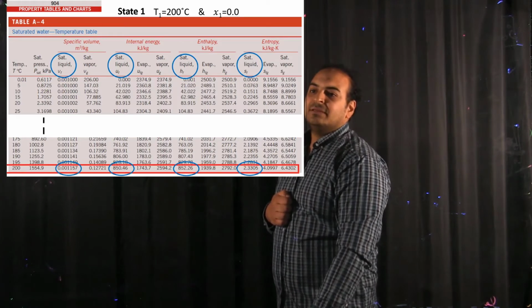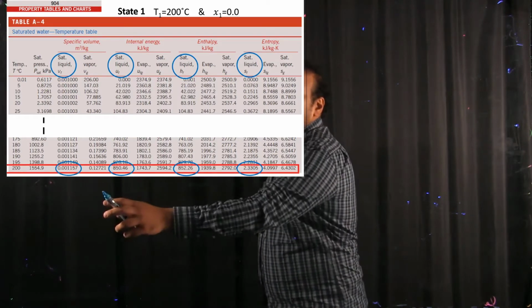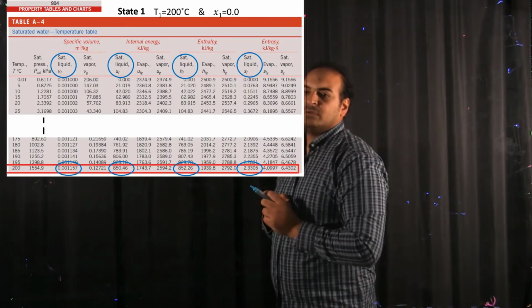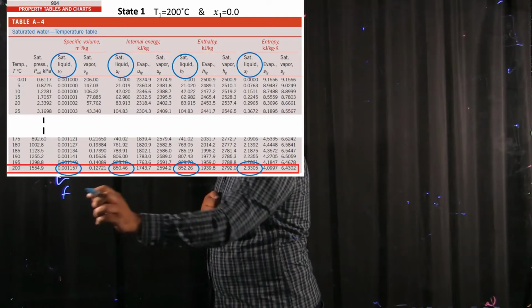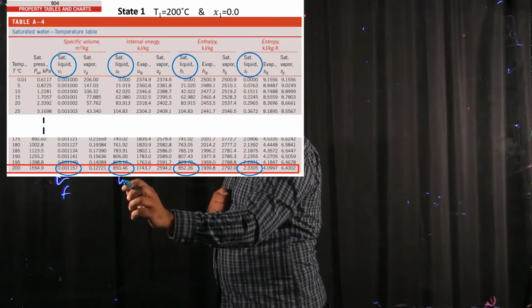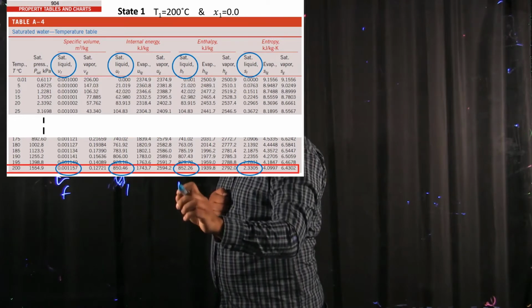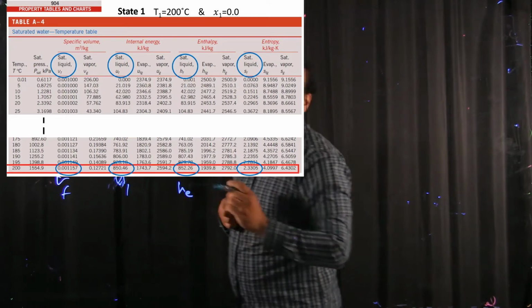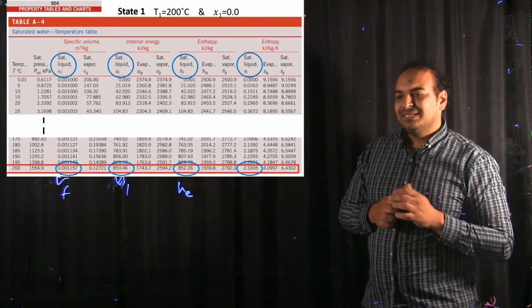So you can get VF, the first one. You can get UF, HF, SF if you want. So we just need this VF, which is V1. We need UF, which is U1. We need HF, which is H exit. State 1 is similar to state exit.